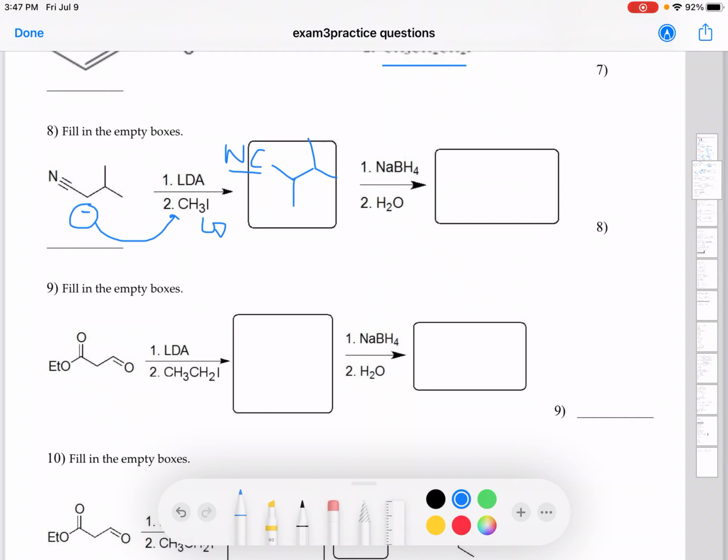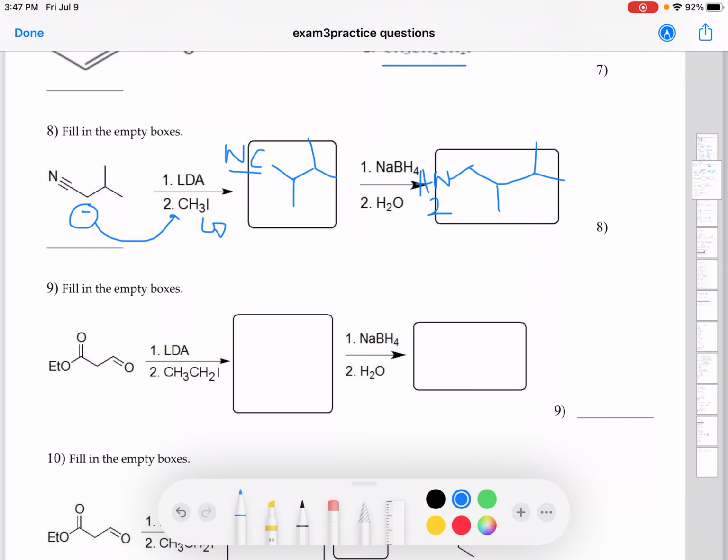So we learned that sodium borohydride is a reducing agent that would reduce CN, the nitrile group, to CH2NH2. Okay, so your product is therefore going to be like this, and then this carbon in the nitrile group will be CH2, and then the N would be NH2, like that.